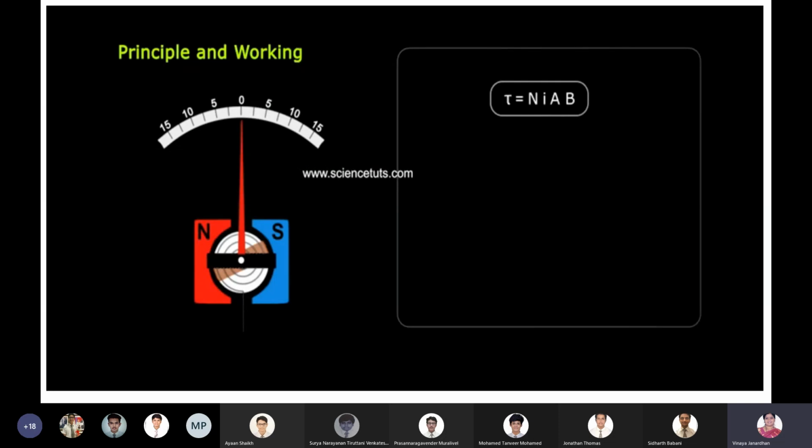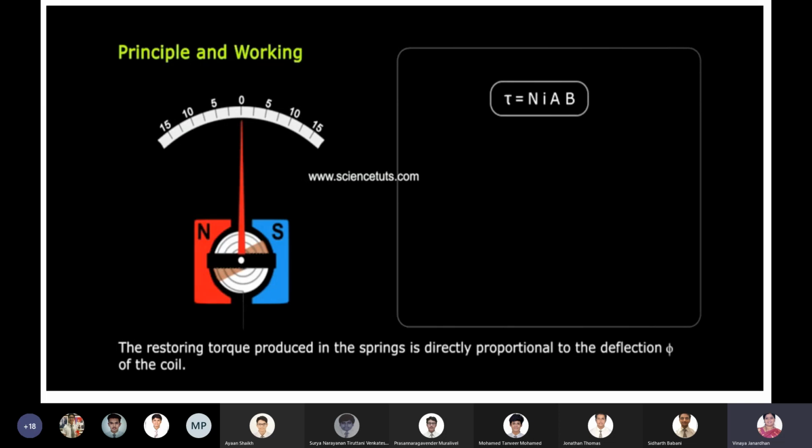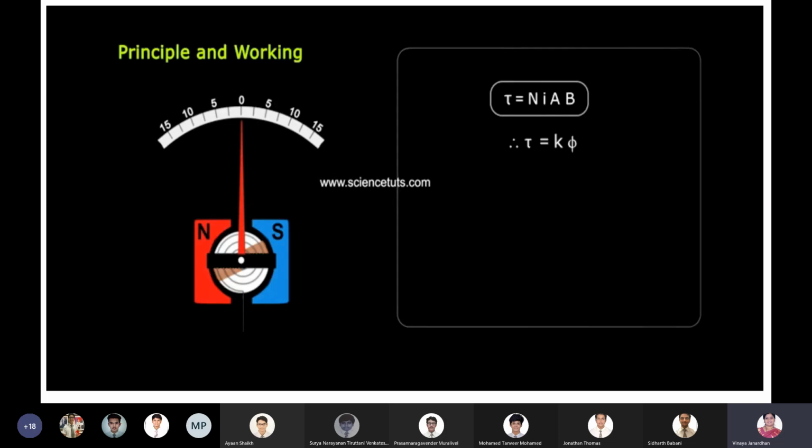Tau equals NIAB. The restoring torque produced in the springs is directly proportional to the deflection phi of the coil. Therefore, tau restoring equals K phi, where K stands for the effective torsional constant of the springs.